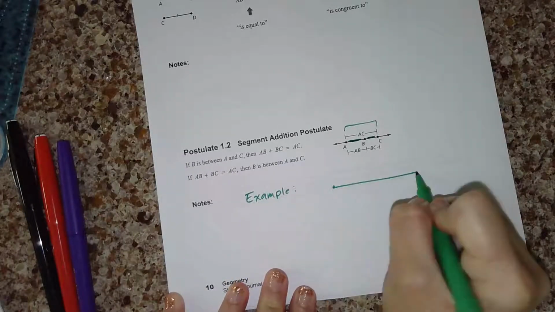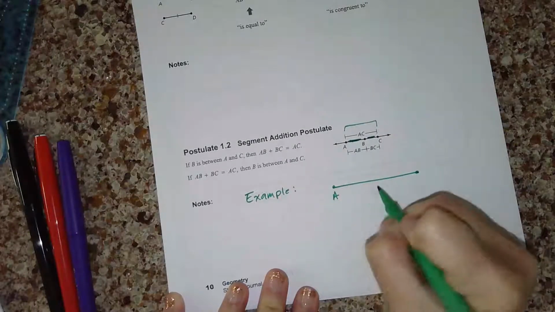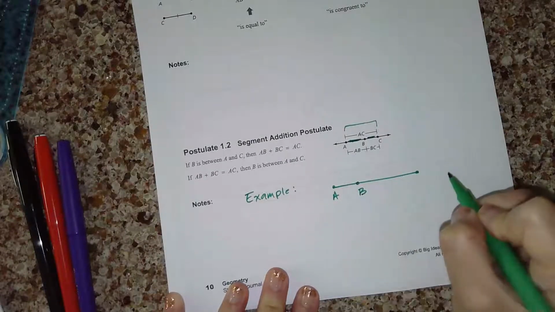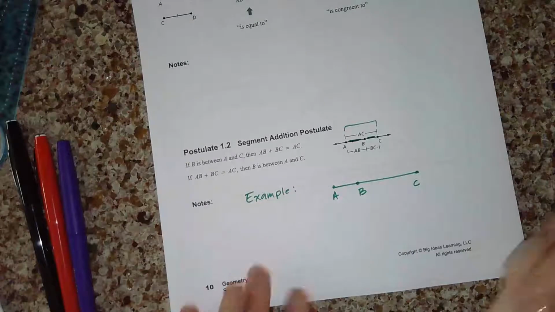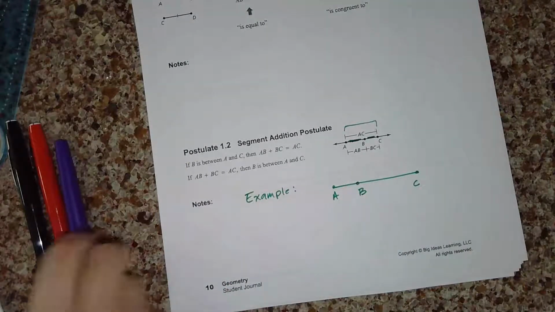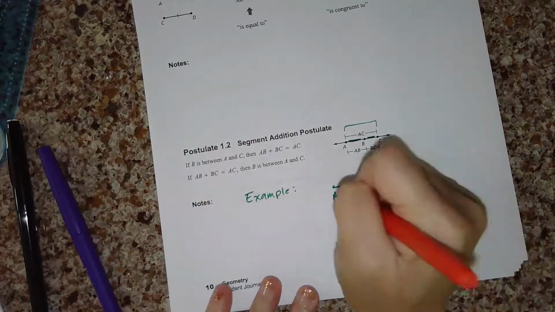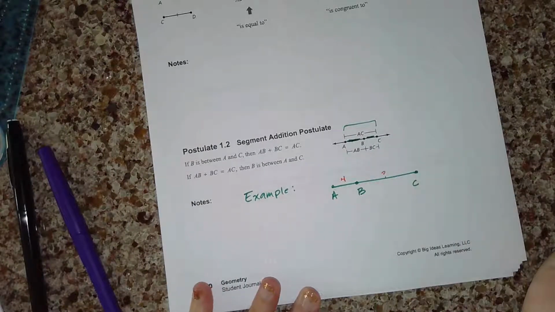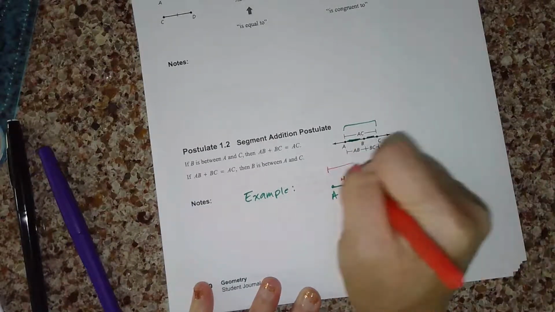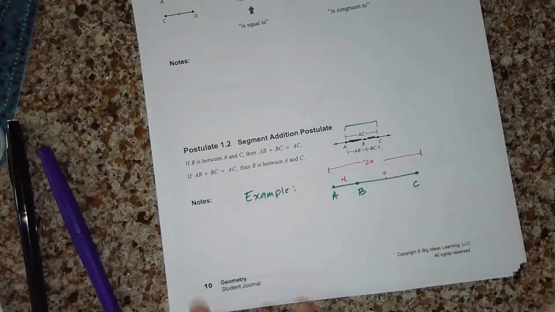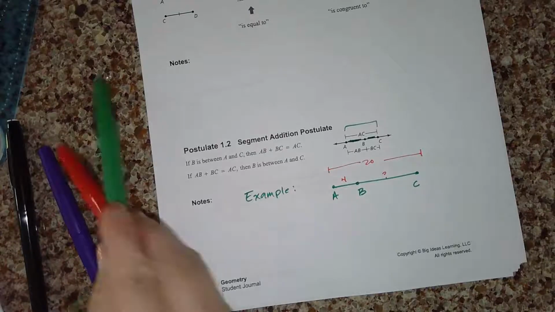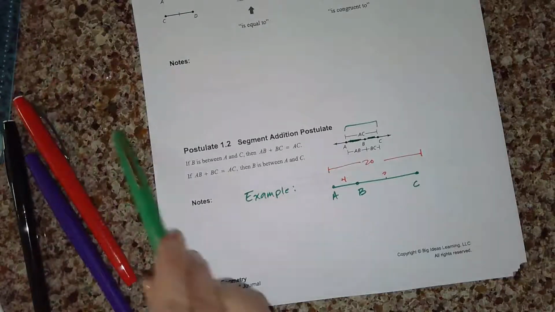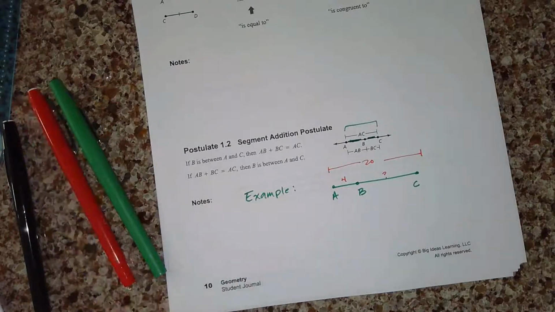If I give you a line segment, so we'll call this A, B, C, and I tell you that this length is 4, this length is, I don't know, I'm going to use a question mark, and this length is 20. How you would use the segment addition postulate is basically just a subtraction problem or an algebra problem.